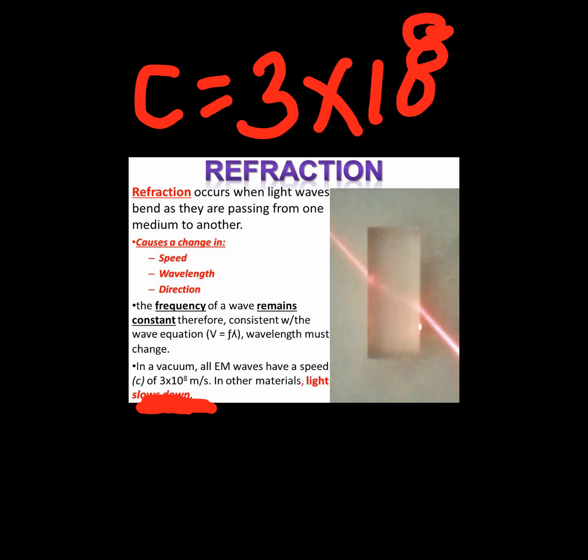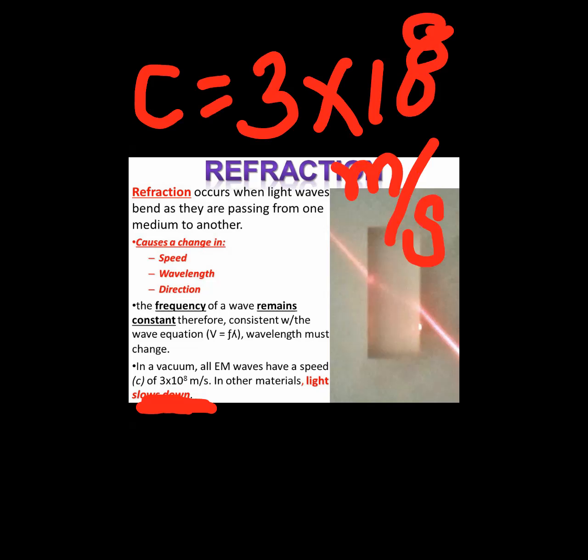And what are the units? Meter per second. Okay. 3 into 10 to the power of 8 meter per second. That is the speed of light in vacuum.